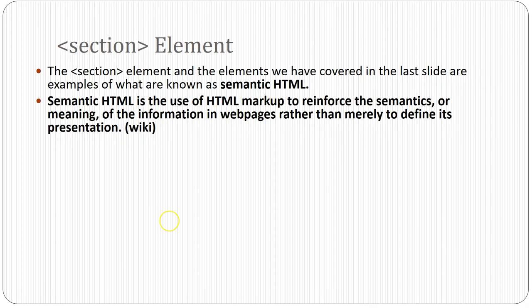Right. So as I said earlier, the section element and the elements that we have discussed in the last slides are semantic HTML. And as I mentioned, semantic HTML makes up the logic of the content.